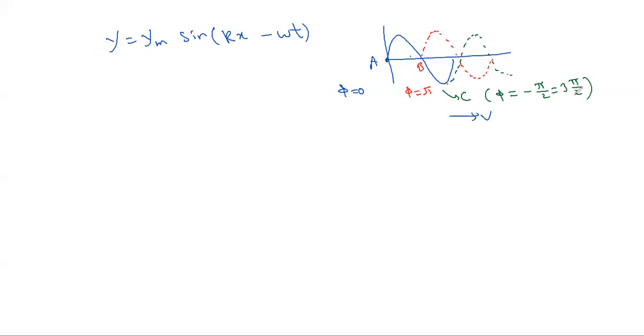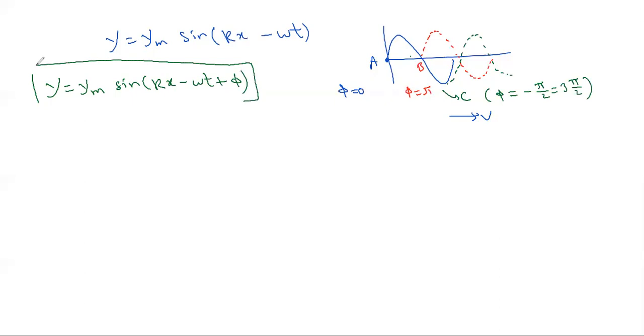So in general, if I assume a wave is traveling towards the right, then I'll just have to add a phase constant with a plus phi. Sorry for the background noise. Okay. So this is my wave equation.